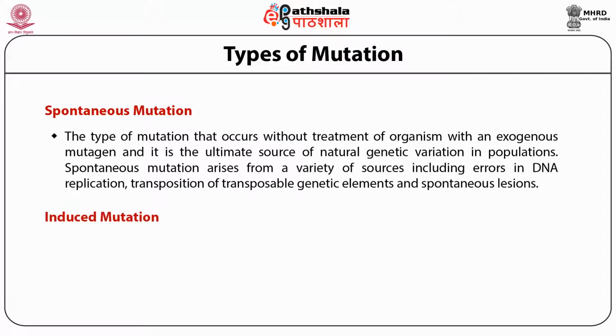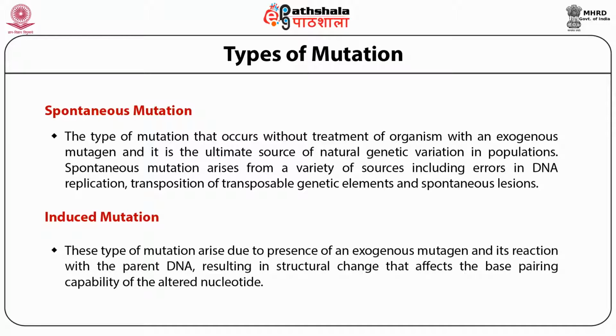Induced mutations, on the other hand, are the type of mutation which arises due to the presence of an exogenous mutagen. It is a reaction with the DNA which results in structural change that affects the base pairing capabilities of the altered nucleotide.